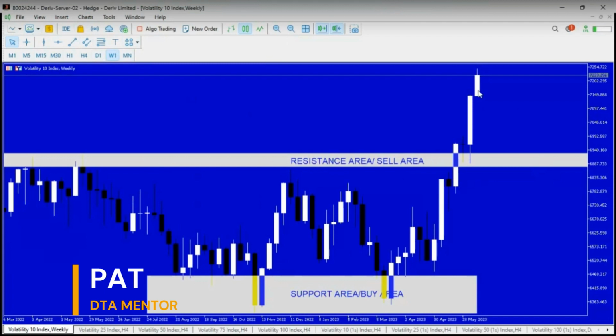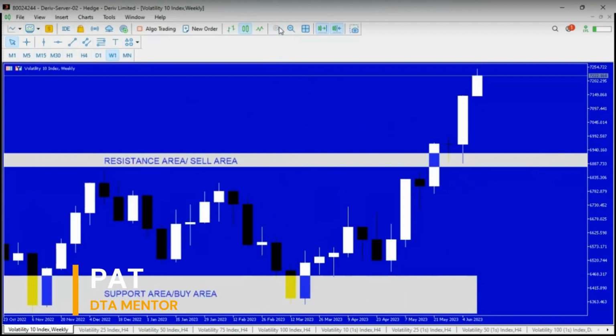So right now, as we are on our weekly time frame, you can see by the length of this candlestick body that the buyers, or the bulls, were in dominance.